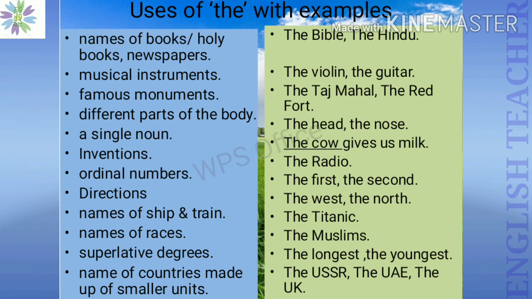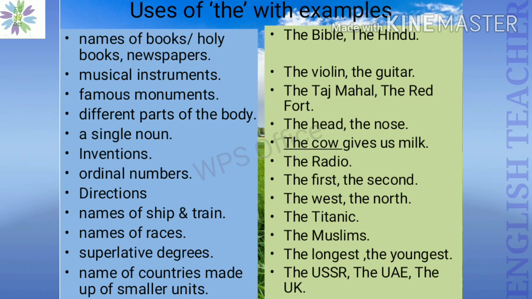Now look at the examples of the. The Bible, the Hindu. These are examples for holy books or newspapers. The violin, the guitar are musical instruments. The Taj Mahal, the Red Fort are famous monuments. The head, the nose are different parts of the body.